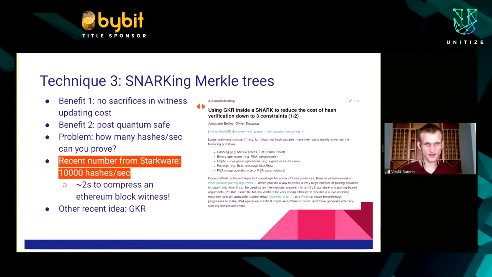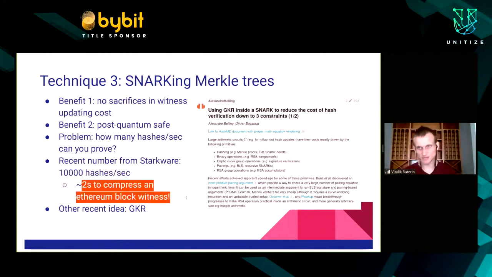There are recent numbers from Starkware with their new special purpose hash function. They can prove 10,000 hashes per second, which would be about 2 seconds to compress an Ethereum block witness. So that's actually quite within the range of viability. That's on, I believe, a fairly powerful laptop, by the way.